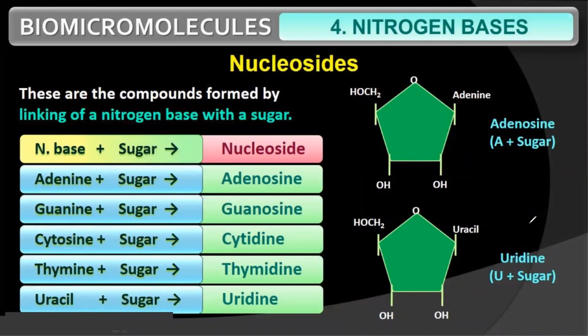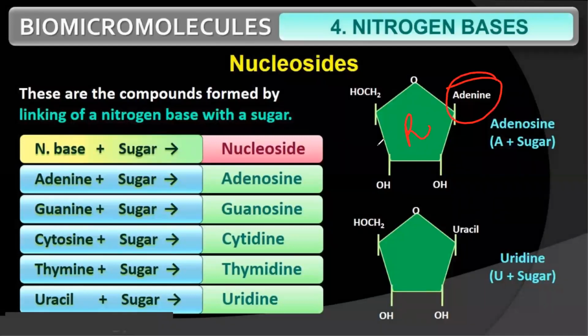These are compounds when a nitrogen base is linked with sugar. Like here is a ribose sugar which is linked with adenine. So nitrogen base plus sugar is known as nucleoside. If adenine and sugar is there, it is known as adenosine, guanosine, cytidine, thymidine, and uridine.